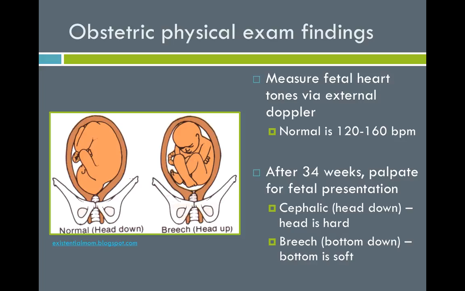So cephalic presentation, the head is down, and a breech presentation, the bottom is down. Now, it gets a little bit tricky to tell, but very generally speaking, the head is hard, the bottom is soft. So you want to determine which way the baby is lying.